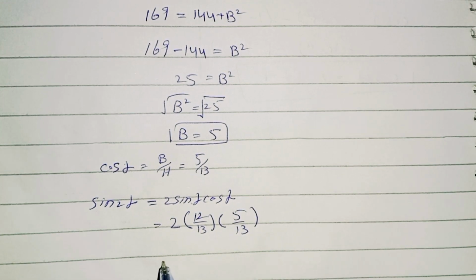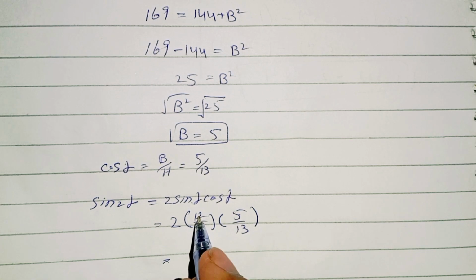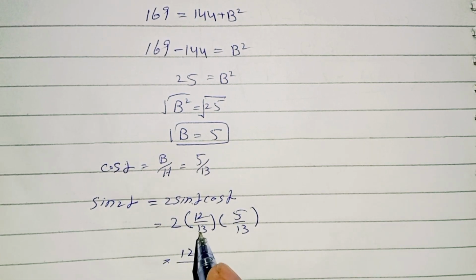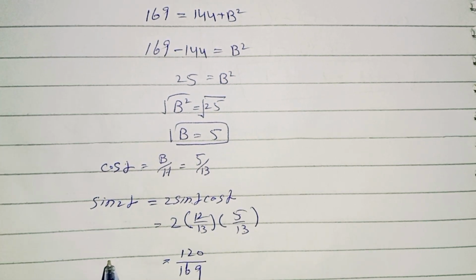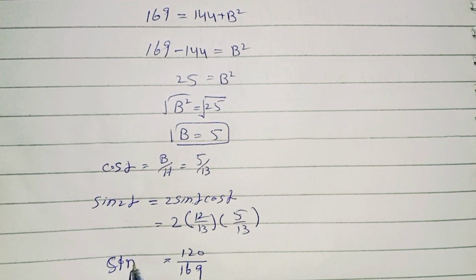After multiplying these numbers, we have 5 multiplied by 12 equal to 60, and 60 multiplied by 2 is 120, over 13 multiplied by 13, 169, which is the required value of sin 2 alpha.